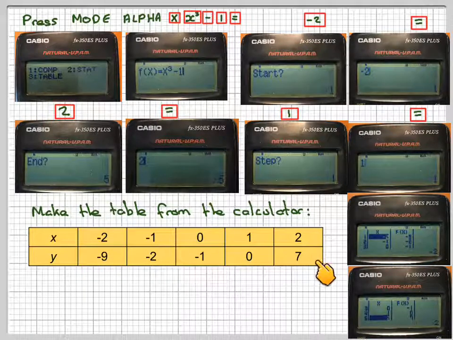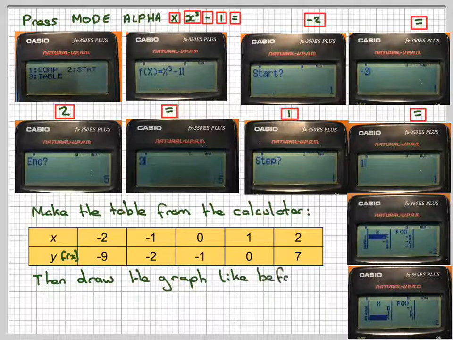So this is the same table, so we're getting this from the calculator. This is the x value, this will be f of x in this case. I'll just write that in. So this will be from the f of x column. And then we draw the graph like we did before.